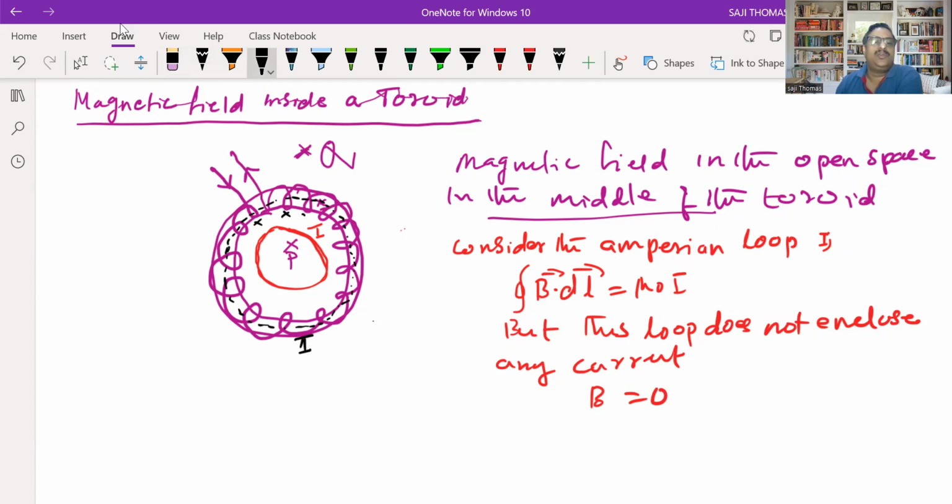For each turn at the lower part of the ring, current is moving into the plane of the paper. And for the outer part of each turn, current will be coming out. We can represent that by a dot, like this.